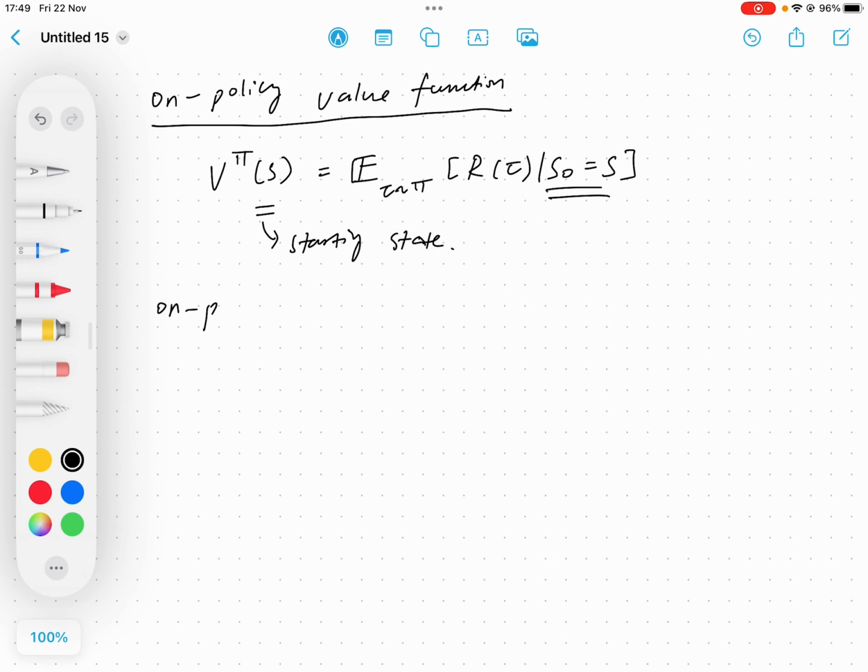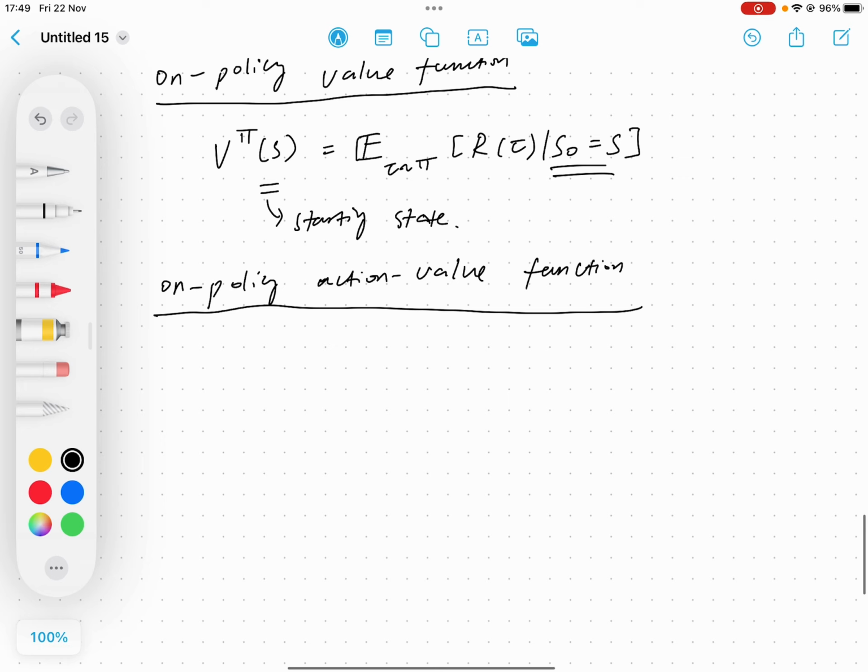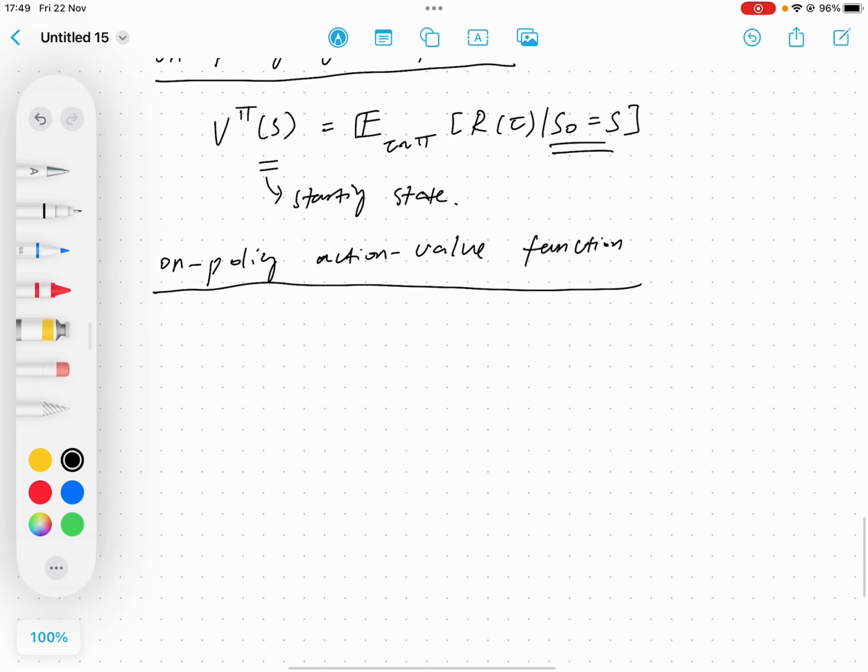Correspondingly, we also have an on-policy action value function. We won't go into off-policy stuff, but here we have the action value function, which is more specific, given some a.